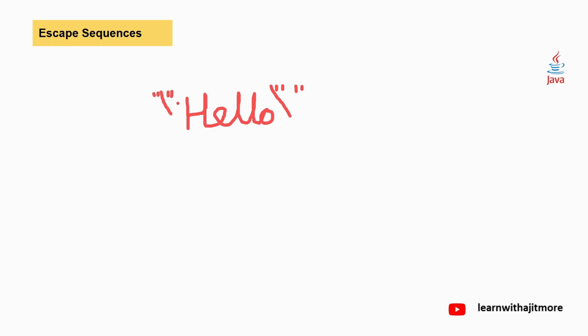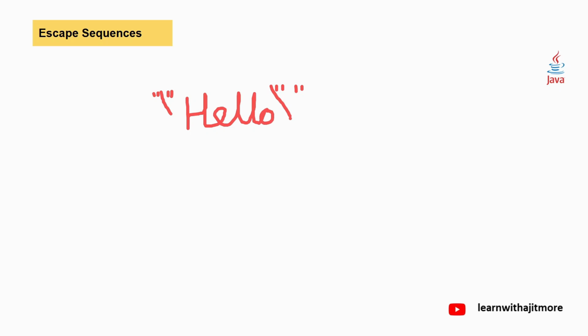You're escaping, meaning what? You're not deleting it or trimming it. You're telling the compiler, please ignore its meaning. What is its original meaning? Start of a string. So please don't consider it now as the start of a string. Treat it as it is. Treat double quote as a double quote only, and here also treat double quote as double quote.